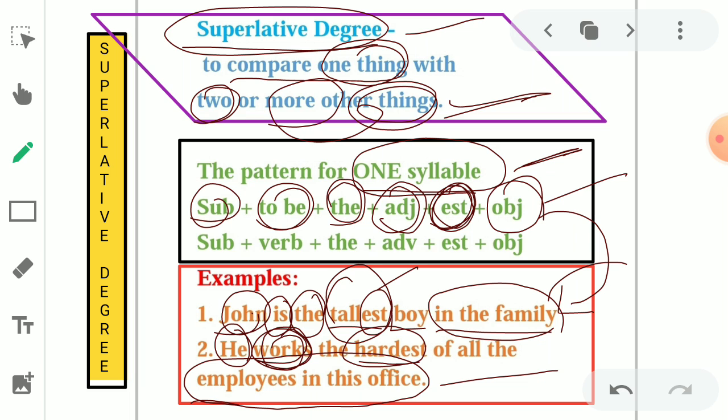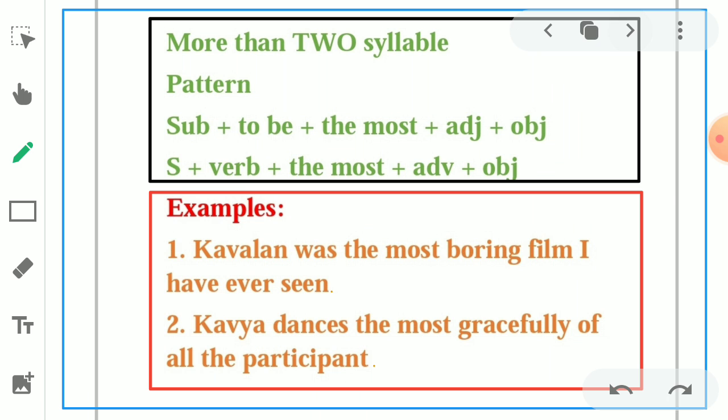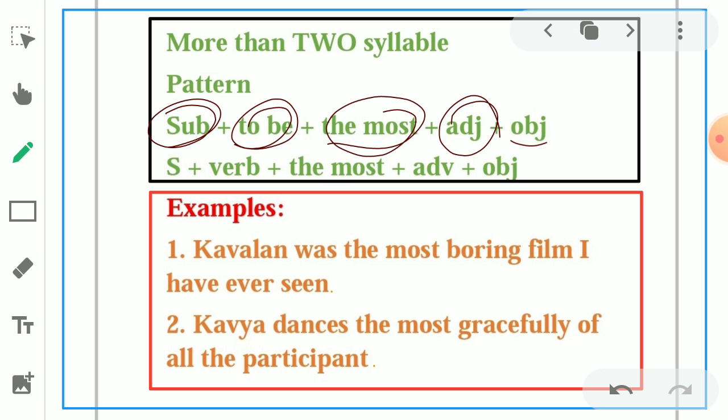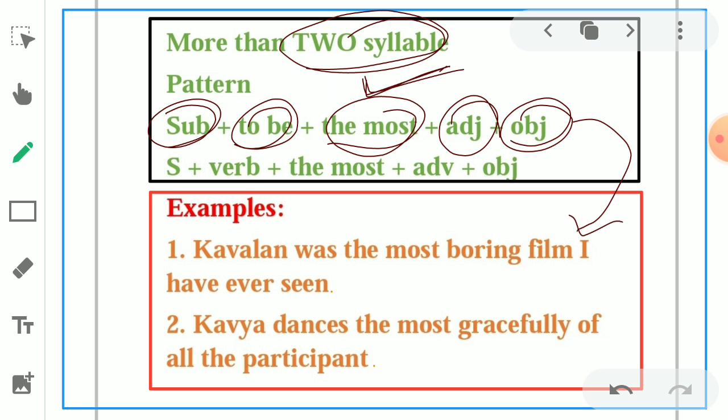In this way, the superlative degree is used to compare. Let's move on. More than one syllable. When there are two syllables, the pattern is subject, to be, the most, adjective, object. The special thing is that the most is used when there are two syllables. Just look at the sentence, the pattern.